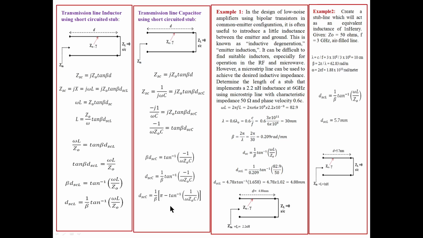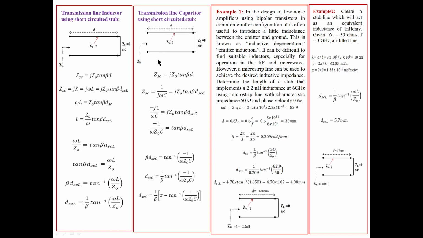How to use a Smith chart to find this length based on our L value. Similarly, how to find the length of the line based on this C. Whatever the inductor value or capacitor value required, you just find out the length of the line that provides that particular value of inductor or capacitor. That's all here.